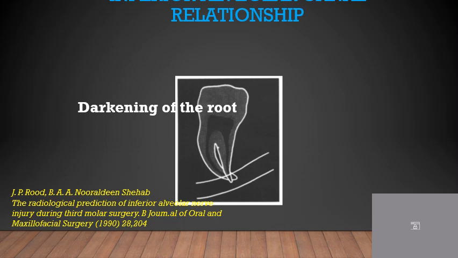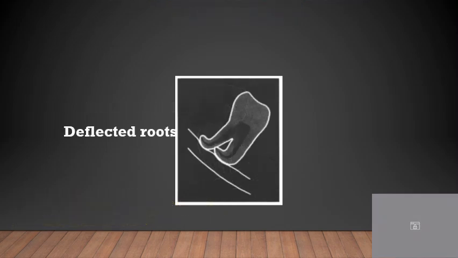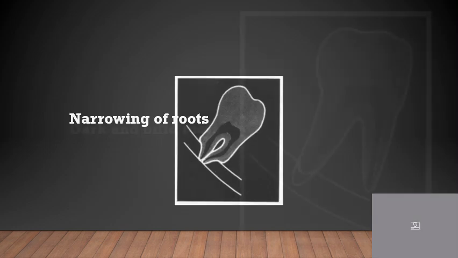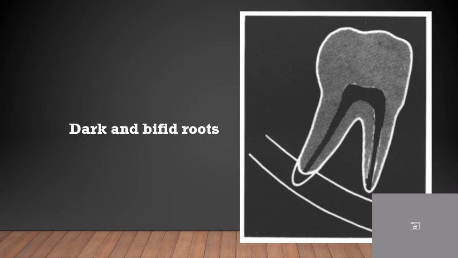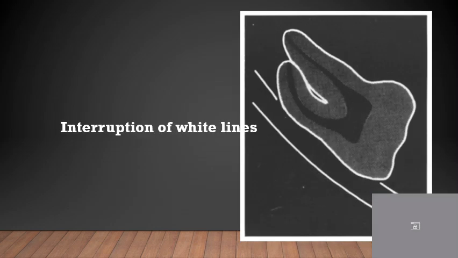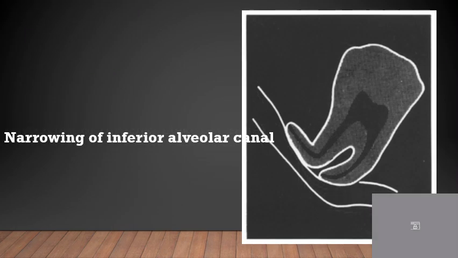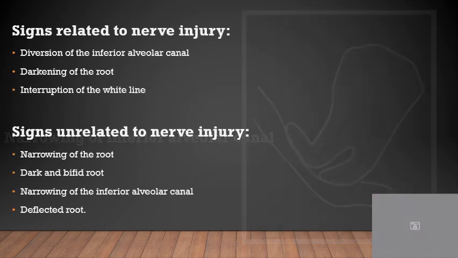They have given darkening of the root, deflection of the root, narrowing of the root, dark and bifid root apex, interruption of the white line, diversion of the inferior alveolar canal, and narrowing of the inferior alveolar canal. All these are some of the features of the root formation seen on radiographs.